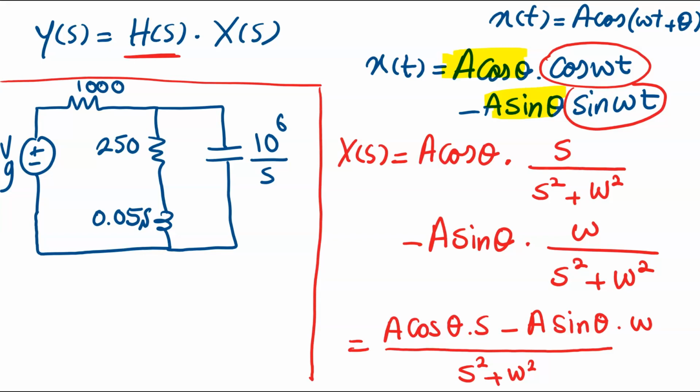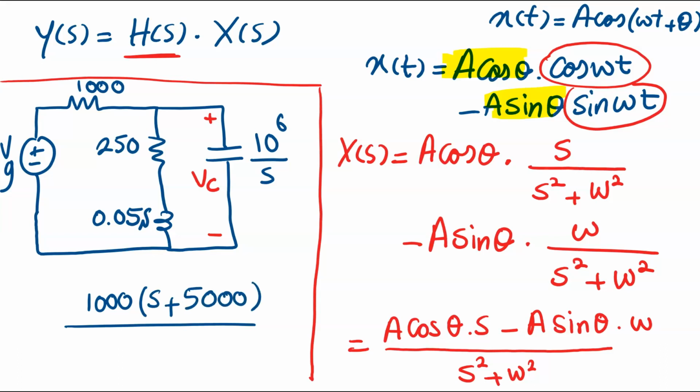And you saw that the transfer function which described the voltage of the capacitor with respect to the input is equal to 1000 multiplied by (s plus 5000) over (s squared plus 6000 s plus 25 multiplied by 10^6).